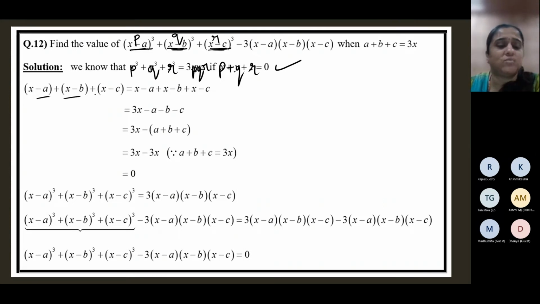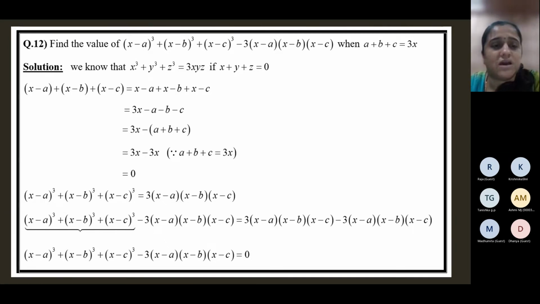When you add them, you get 3x minus a minus b minus c. Take out the common factor, a plus b plus c. But it's given that a plus b plus c is equal to 3x. So that means 3x minus 3x, which is 0.